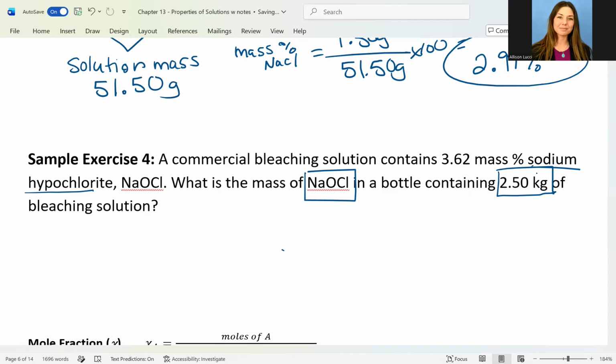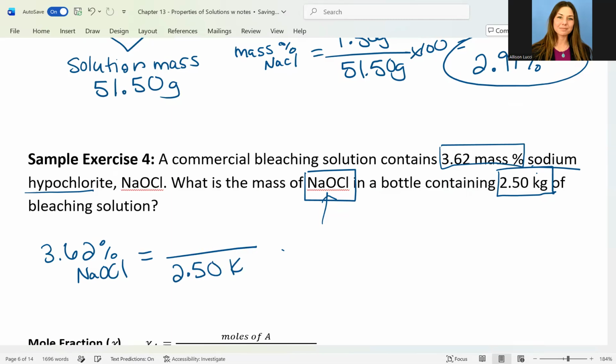So this is the active ingredient in bleach. And we know that it has this mass percent, 3.62. So we could set up our equation to have 3.62 mass percent of NaOCl, right, equal to the total mass of our solution, which will be 2.50 kilograms, and this would be X kilograms. This is what we want to solve for, the mass up top here.